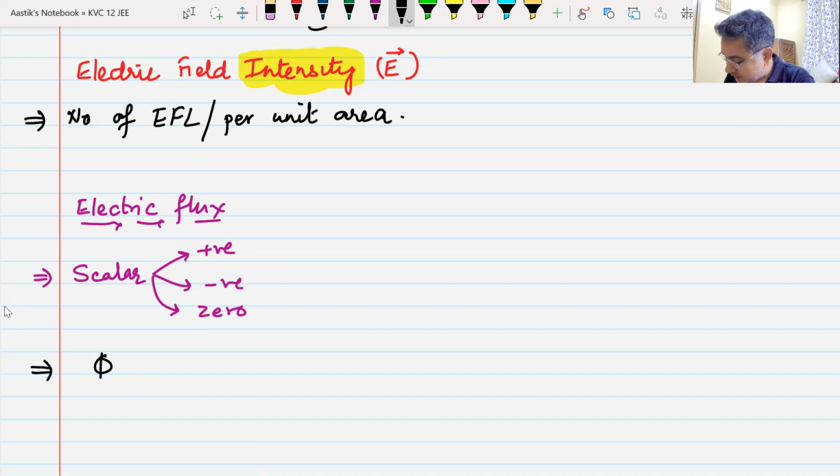Now, we have written flux as the integral of E dot dS.